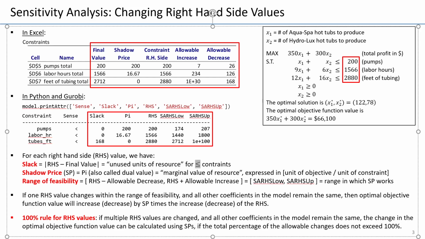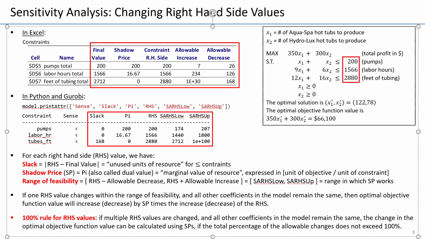When the constraint is less than or equal, it tells us whether the constraint is satisfied with equality or the left-hand side is smaller than the right-hand side. In this case, the first two constraints are satisfied with equality, 0 slack here and 0 slack here, but the last constraint has a positive slack, and that means not all feet of tubing that were available have been used.